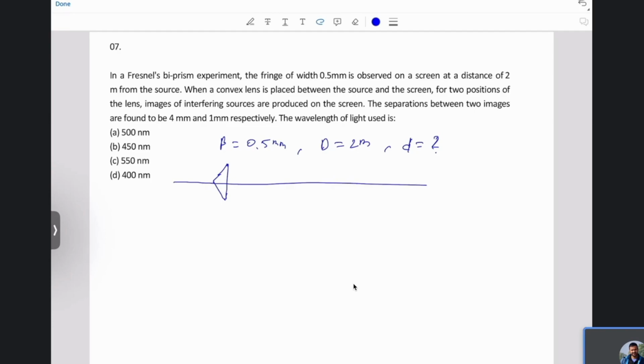So suppose these are our two virtual sources, and here we have put a convex lens, and if we vary the position of the convex lens from here to here, what will happen is, suppose first in the first position we have light ray coming like this, and it will form an image here. So let's draw it more clearly.